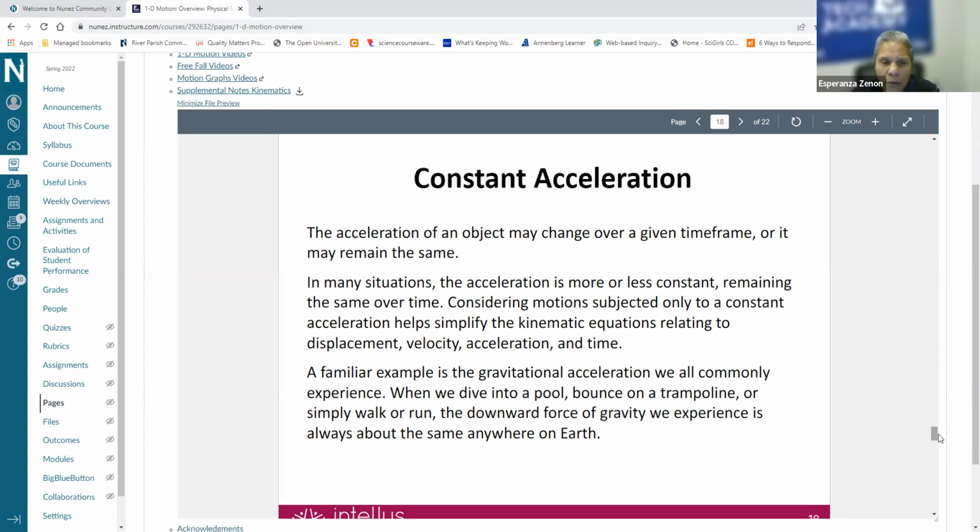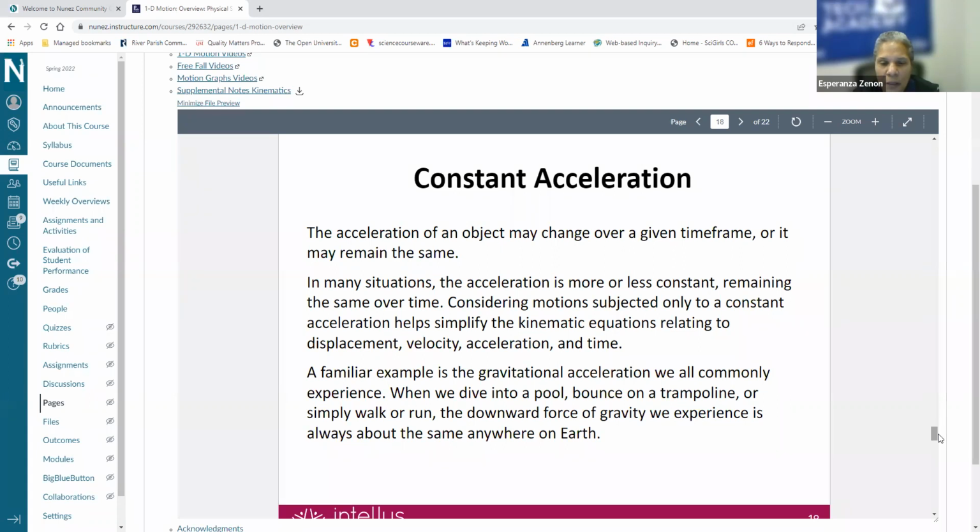Okay? Not only is it moving only in one direction, the acceleration is constant. So with those two constraints, if you will, those two boundaries, then we have something we can work with in terms of describing our moving object. Okay.